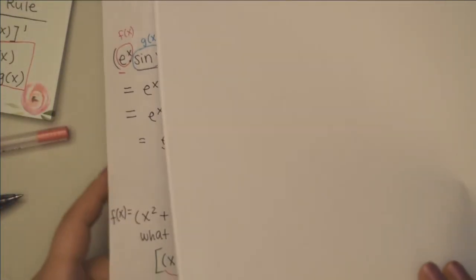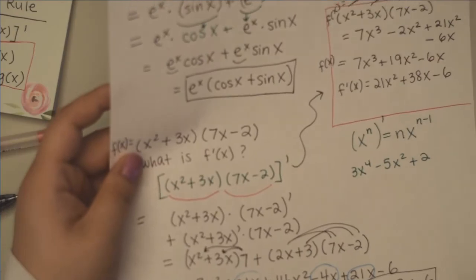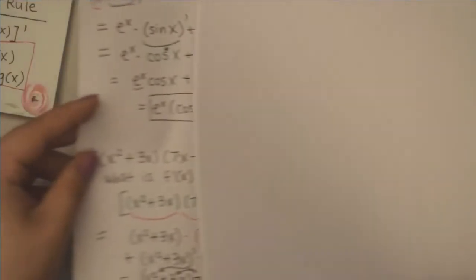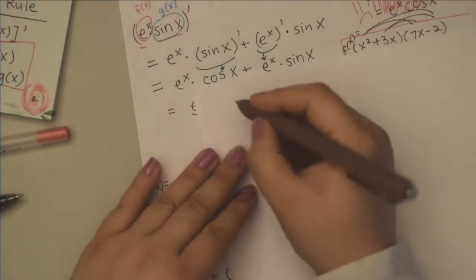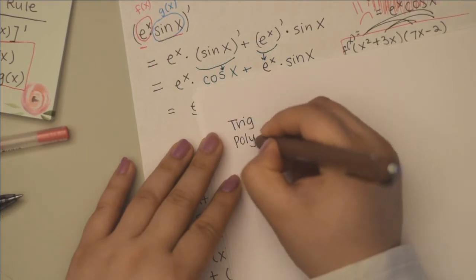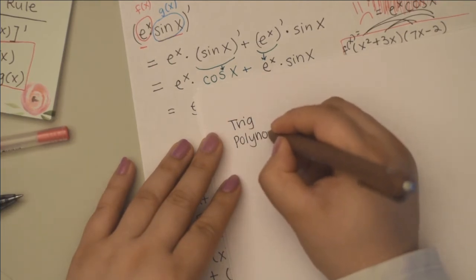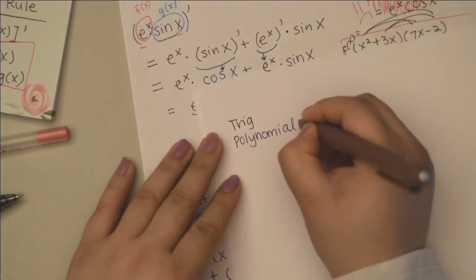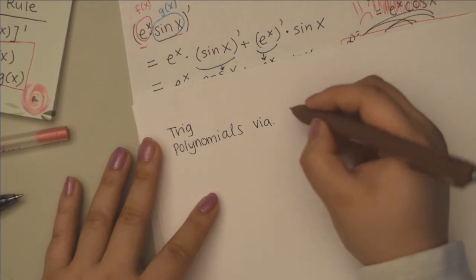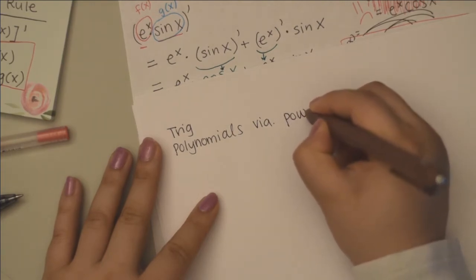Okay, I think I'm just going to leave it now. But from there, we can do more practice problems. So at this point, hopefully you feel pretty comfortable with trig functions, polynomials, so finding derivatives of polynomials via the power rule.